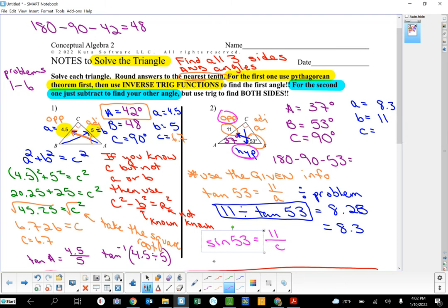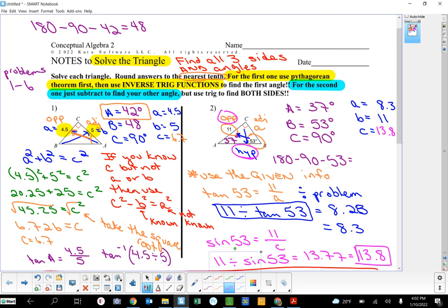Because the variable's on the bottom. So 11 divided by sine of 53. Let's go back up here, my calculator. And I get 13.77. So you guys would answer 13.8. And that's side C.